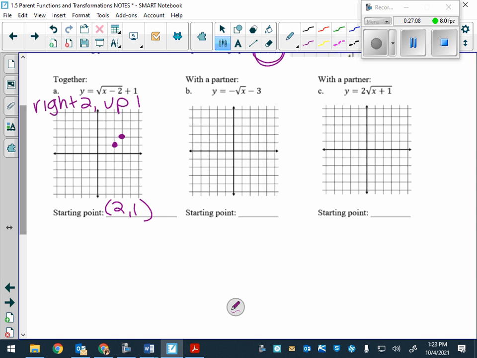What's 4 minus 2? It's okay. 2, right? The square root of 2 gives you some sort of decimal, right? So our goal is to make this a perfect square. So what would be another value? 6. Excellent. So 6 minus 2, square root of 4, plus 1, 3.